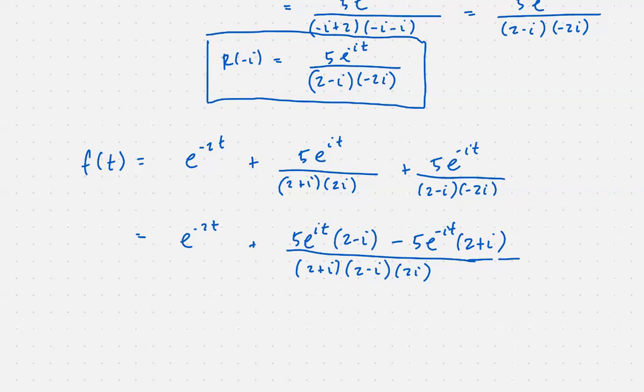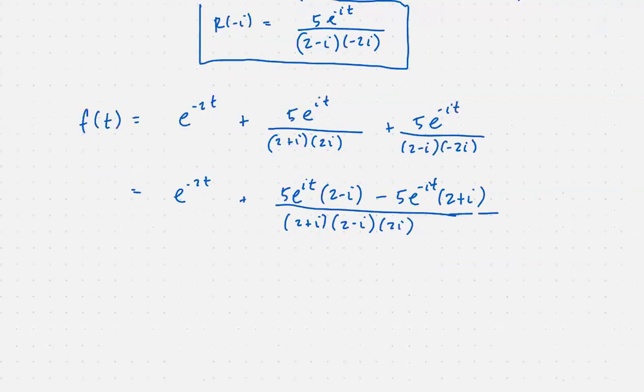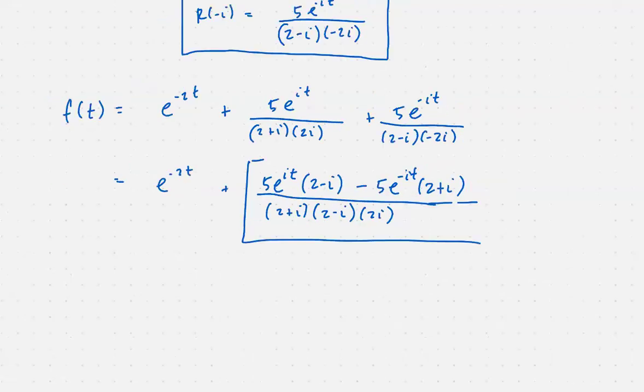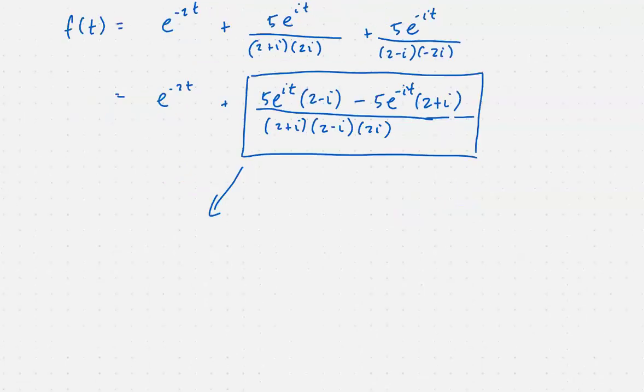Okay, now what do we need to do here? Now, looking at this expression, we can actually simplify this further, right? So if we consider this term only, just to avoid rewriting everything all over again, we're gonna have 5.